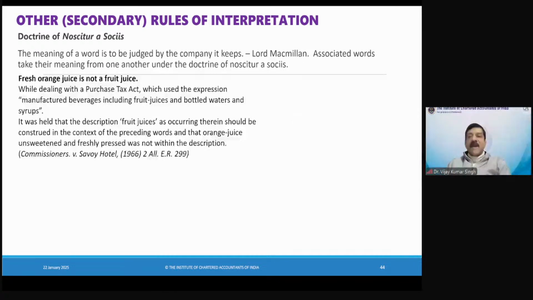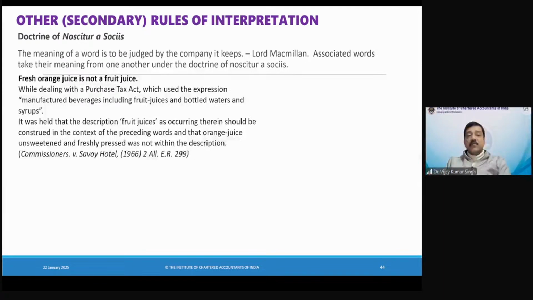Lord Macmillan said that the word is to be judged by the company it keeps. So associated words take meaning from one another under the doctrine of Noscitur a sociis. Fresh orange juice is not a fruit juice.